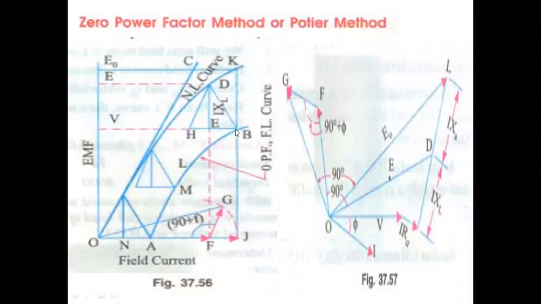After that extend B to H such that OA is equal to BH, and up to the no load curve extend the point up to D, and you will get IXL. So after IXL, add IRA to V if given, and after that add IXL. Okay, after adding IXL, we will find IF1.